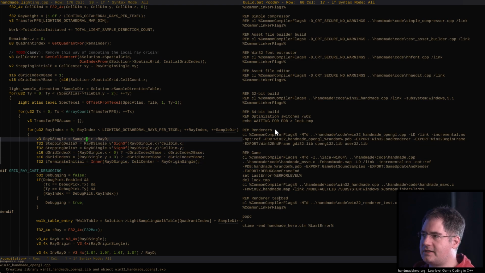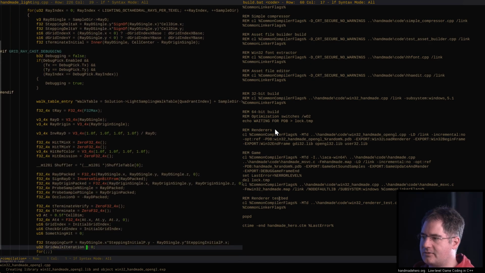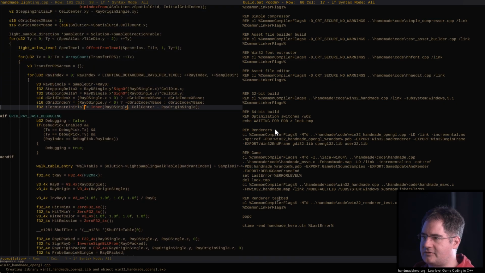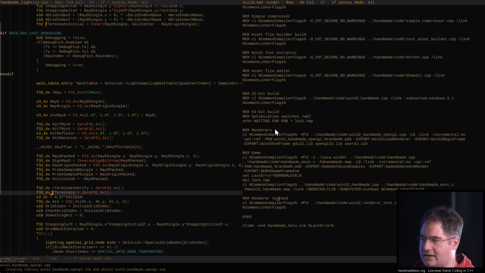And I guess we don't even need to talk about it as t-terminate initial. I guess that's just t-terminate, right? It's literally just this. It's t-terminate, and it's just this value. It's that value spammed. If we want this to be wide, which apparently we do, then it's just that value spammed, like so.